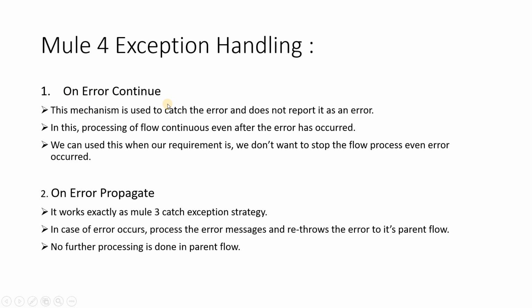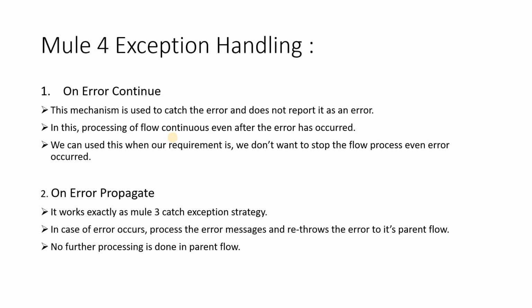When can we go for on error continue exception handling? This mechanism is used to catch the error and not report it as an error. Processing of the flow continues even after the error has occurred. We can use this when our requirement is that we don't want to stop the flow process even if an error occurs.